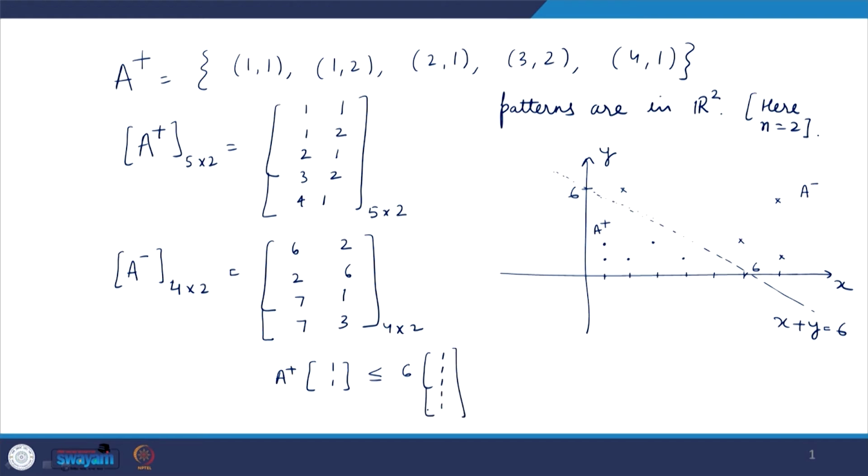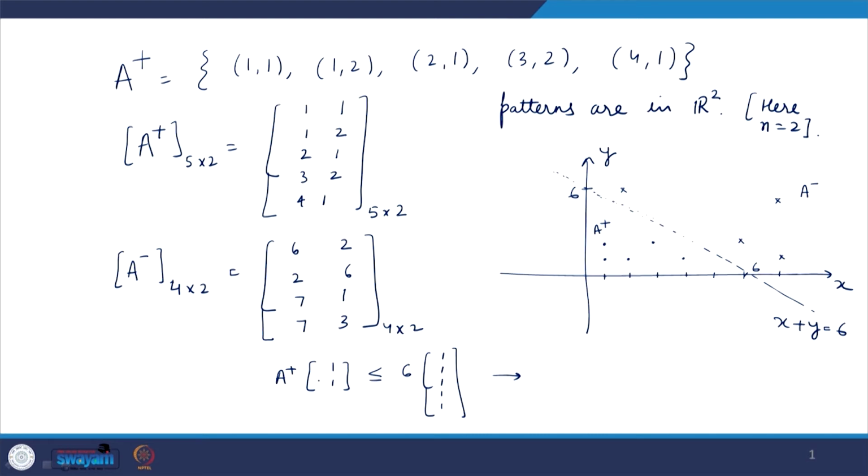So, this you can easily verify. A plus is this matrix. First row, first column is 2, 2 is less than 6, true. Now, 3, 3 less than or equal to 6, true. Again 2 plus 1 is 3, true. 3 plus 2 is 5, 5 less than or equal to 6, true. 4 plus 1 is 5, 5 less than or equal to 6, true.